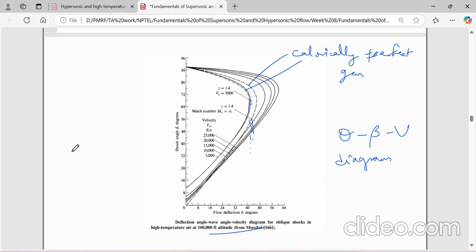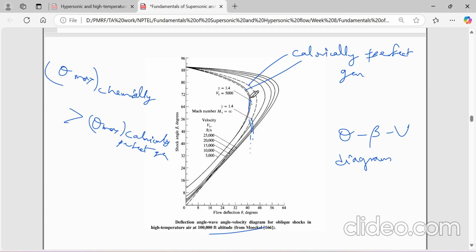So you can see that this theta max for chemically reacting gas is greater than theta max for calorically perfect gas.